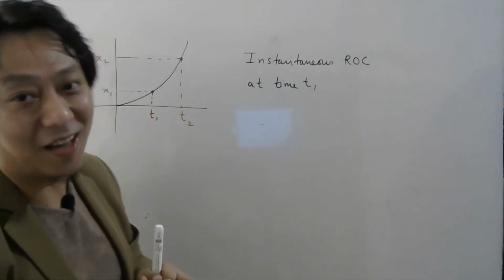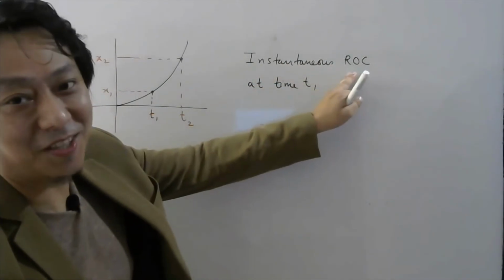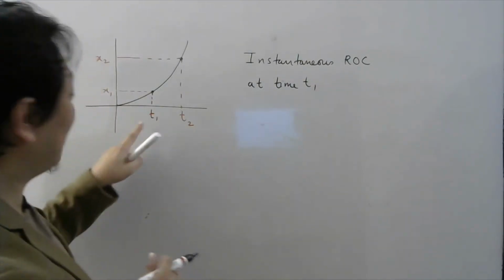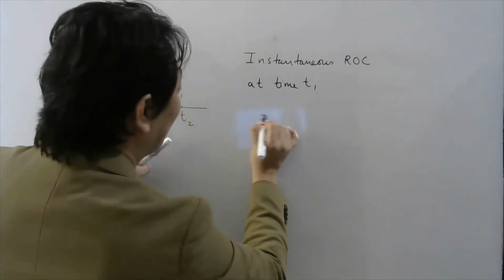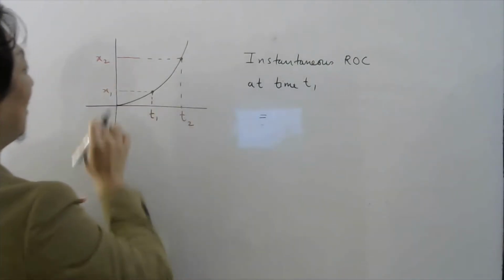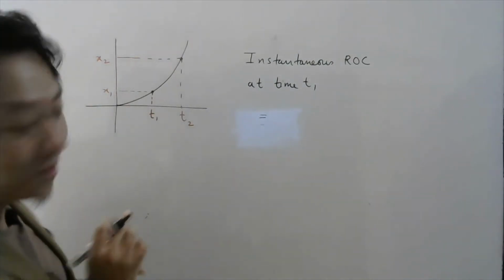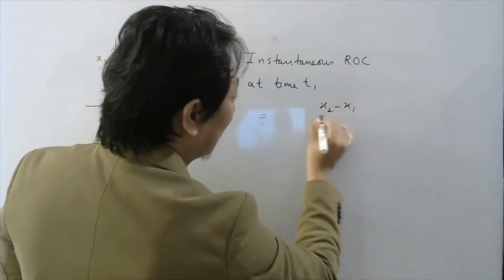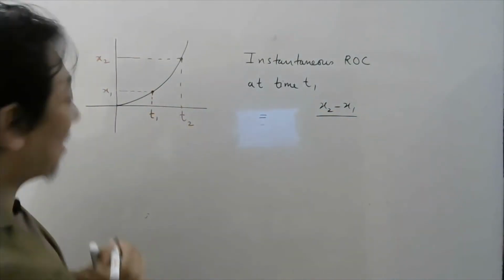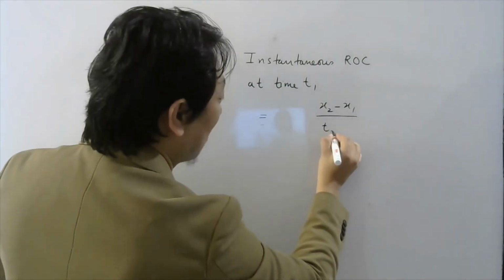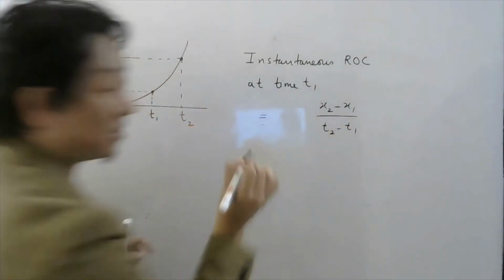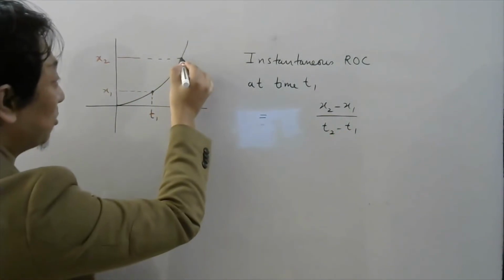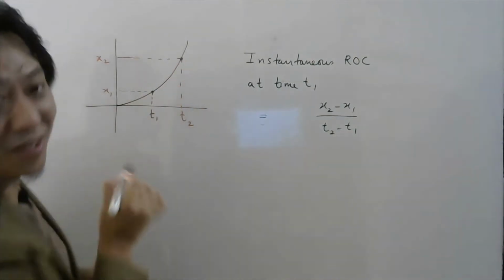How am I going to write the instantaneous rate of change at a particular time t1? So the idea is to take another point whose coordinates are x2 and t2 and then repeat the same thing. Divide the distance covered, x2 minus x1, by the time taken, t2 minus t1, but as we have seen, this point should be very close to this point, isn't it?